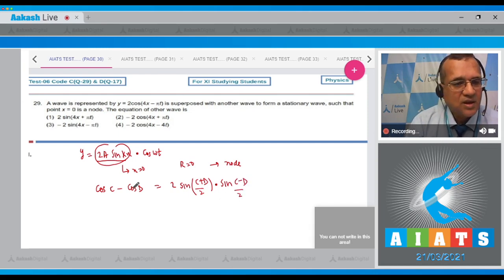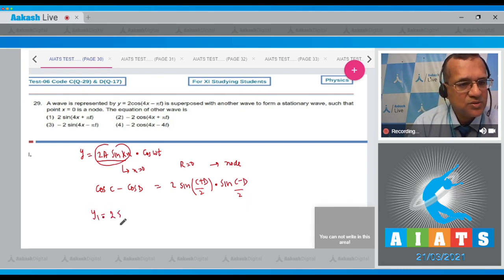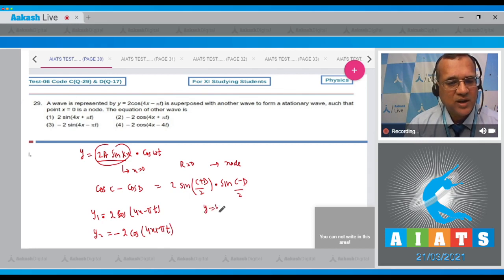If you pick the first wave, y1 is given as 2 cos of 4x minus pi t, and the second wave you have to take is y2 equal to minus 2, everything same but minus cos of 4x plus pi t, and y is equal to y1 plus y2.